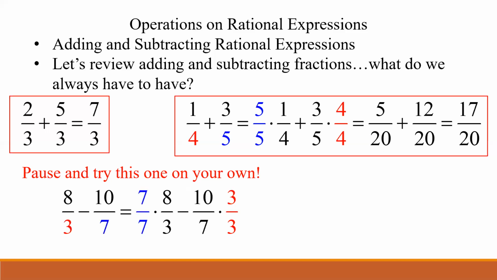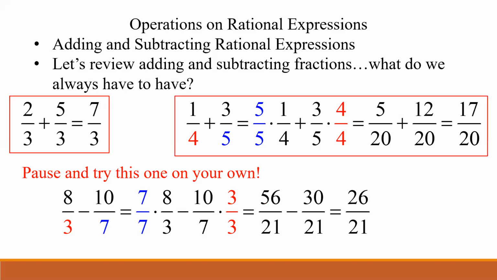So we multiply that first one by 7 over 7, and the second one by 3 over 3, which gives us 21 on the bottom. Multiplying on top, we have 56 and then 30. But notice it is subtracting this time. So keeping the denominator the same, my final answer would be 26 over 21.